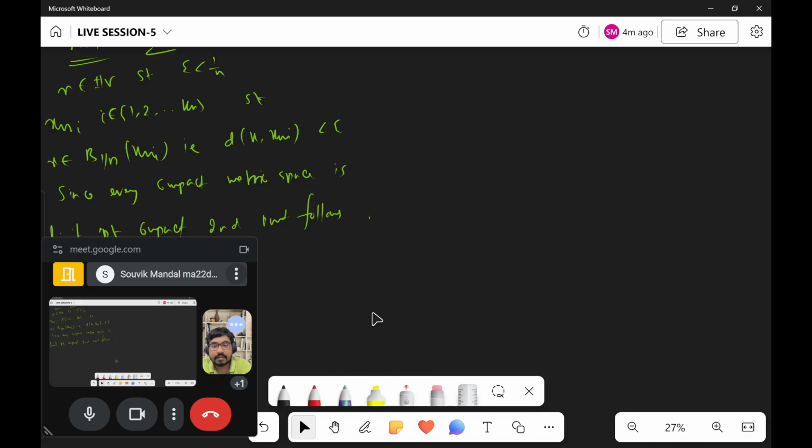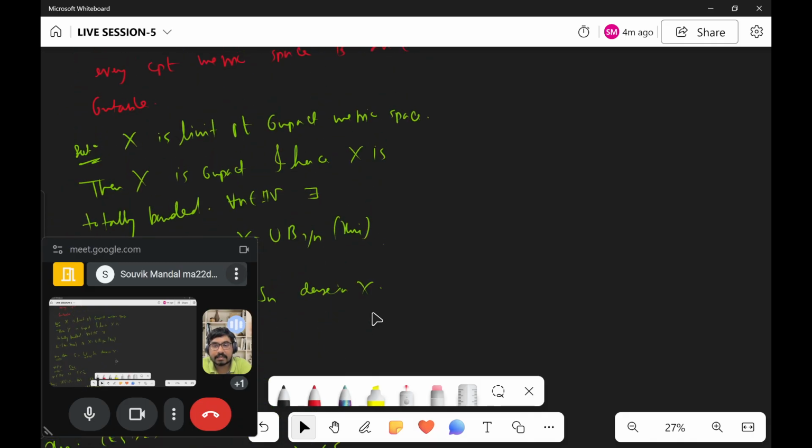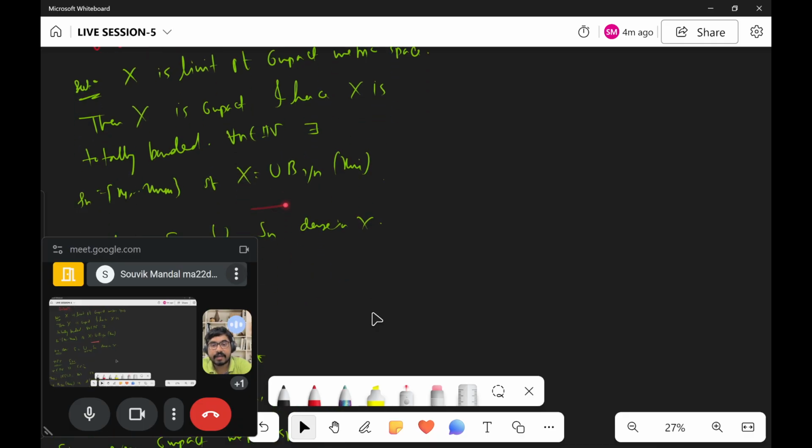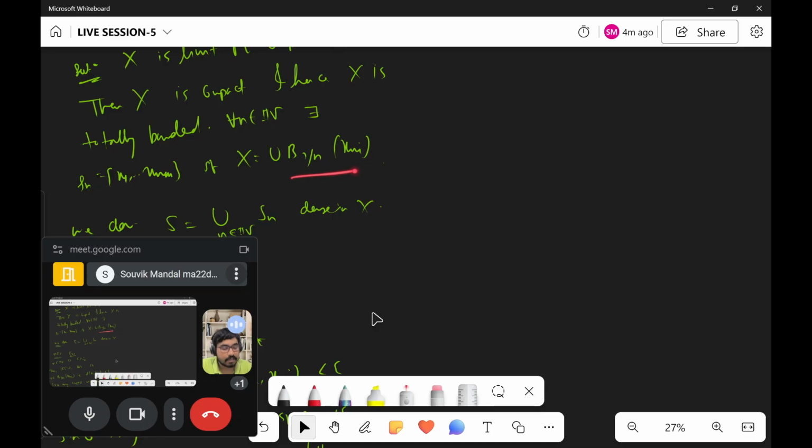So basically, what the argument was that X is compact. So X can be written as the union of B(x_i, 1/n). And we claim that S, the union over n of S_n, is a dense subset. Okay.